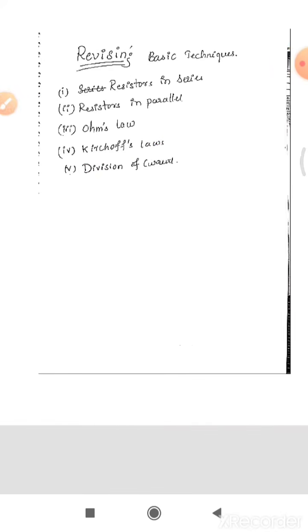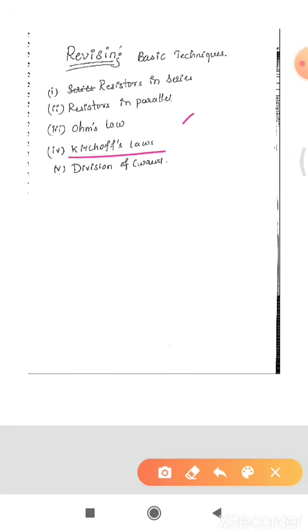And then Kirchhoff's laws. Kirchhoff's laws say that there are two, KVL and KCL.